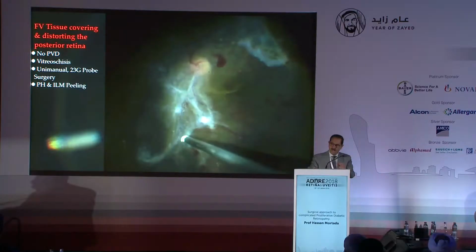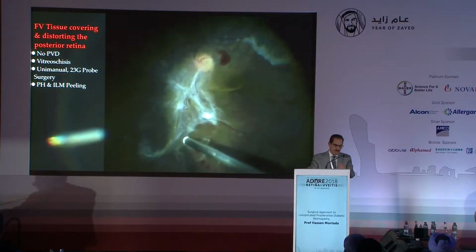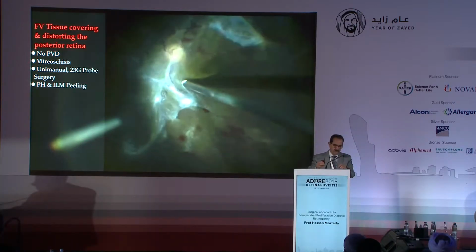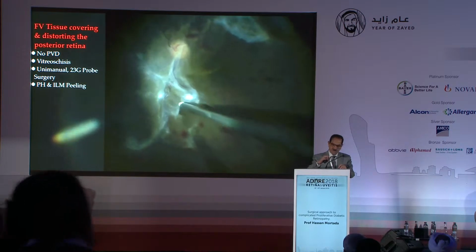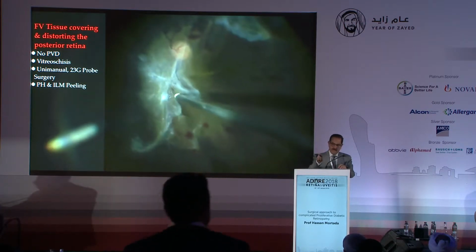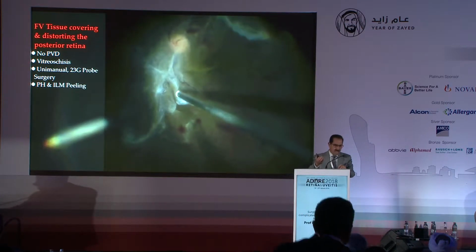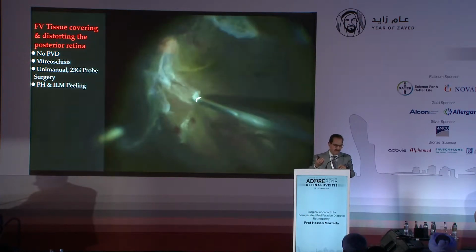Let's have a look at this patient. This is the technique of how we use the 23 gauge or the 25 gauge in dealing with fibrovascular tissue covering and distorting the posterior pole. The probe is used to find the cleavage plane and then elevate the fibrovascular tissue. Once the tissue is elevated away from the retina, you start to activate cutting.